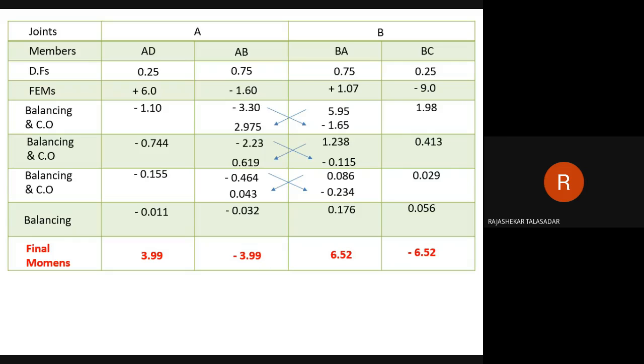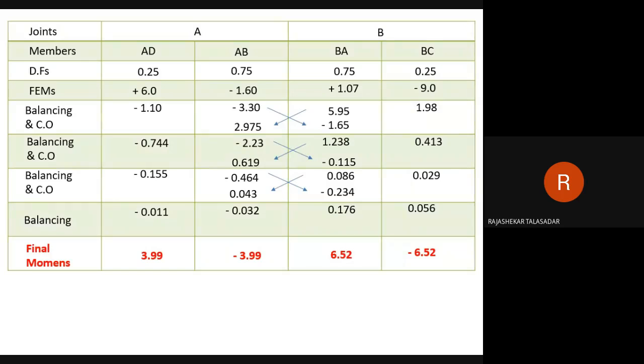Next, this value. Again, minus 0.619 into 0.75. The distribution factor of AB is 0.75. That is minus 0.464. Okay, then it is right.